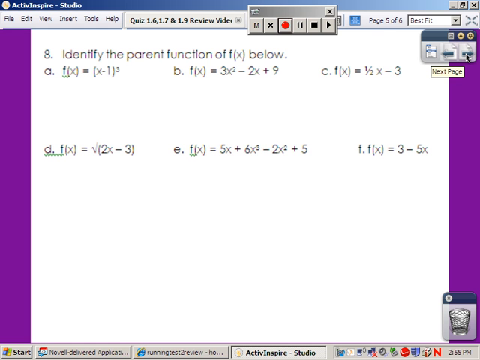All right, last steps. These ask you to look at an equation and identify the parent function. What you're looking for is a variable raised to an exponent. In this case, you have x to the third. That makes it cubic. Here we have the biggest variable exponent right here, x squared, that's quadratic.